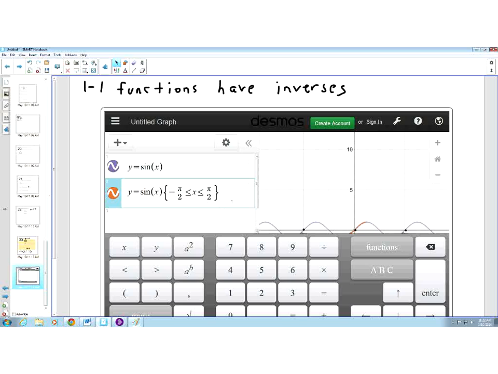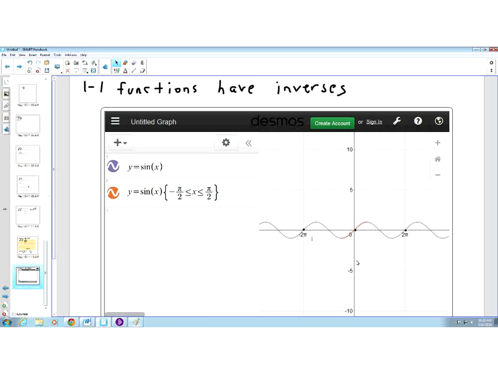So watch what happens. Now look at the orange curve. See the orange curve? Let's zoom in. That orange curve is one-to-one. It's clearly one-to-one. So when we take the inverse of a sine function, we're only taking the inverse of this orange function.